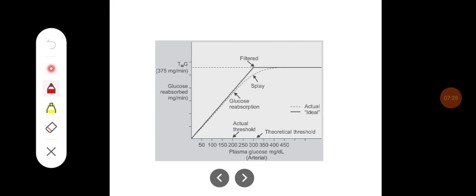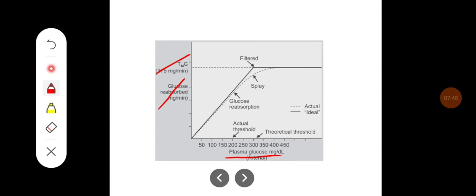This is a diagram showing the plasma glucose levels and glucose reabsorbed. As plasma glucose level increases, the reabsorption also increases, but at TMG maximum, the glucose starts appearing in the urine.